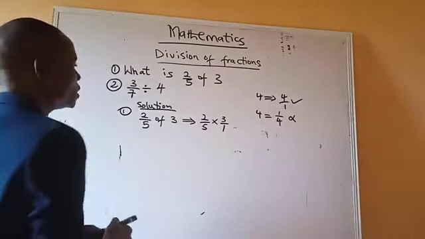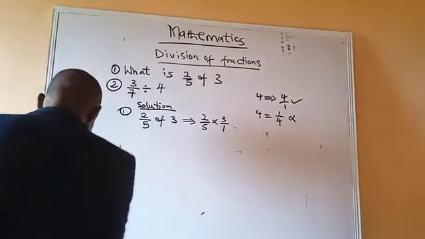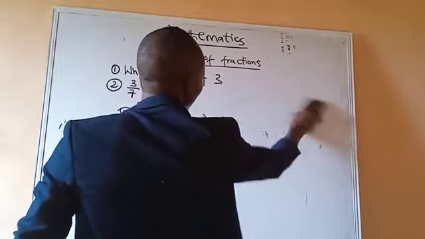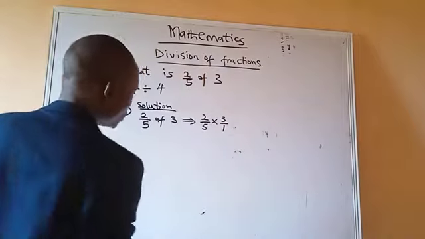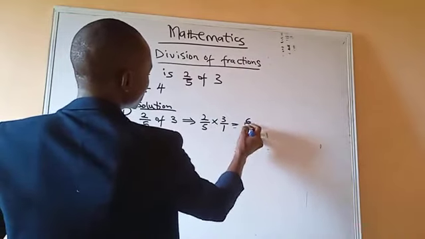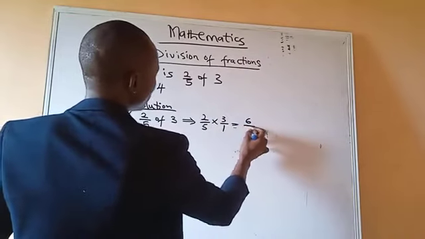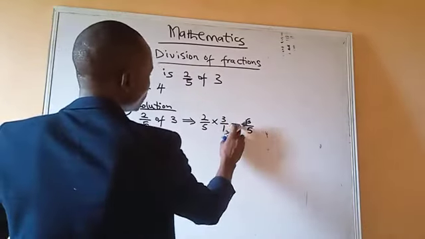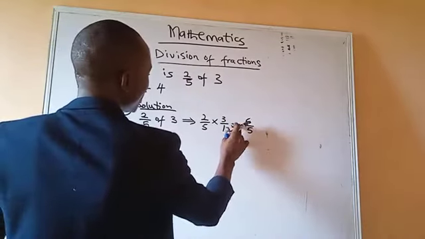Do you understand? Now, in our method of multiplication of fractions, I told us what we do. You multiply straight across. 2 times 3 is 6. 5 times 1 is 5. So this will give us 6/5, which is an improper fraction.